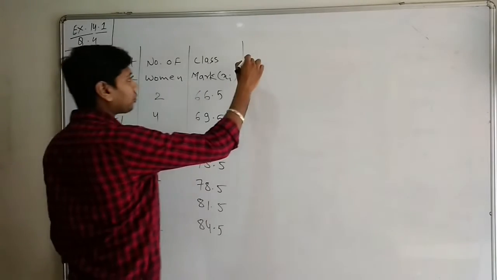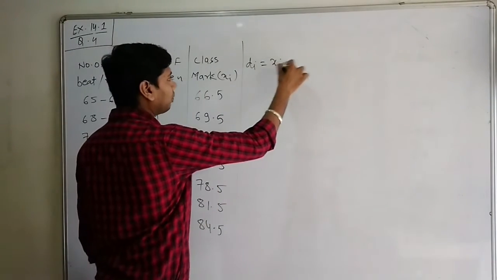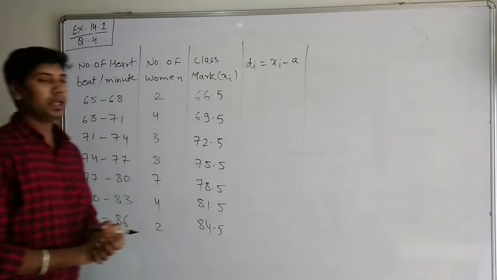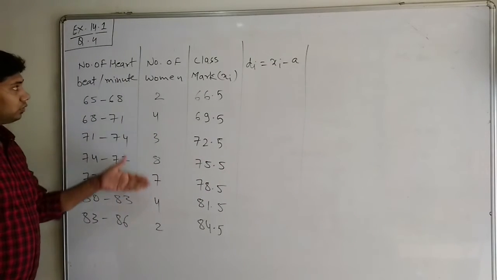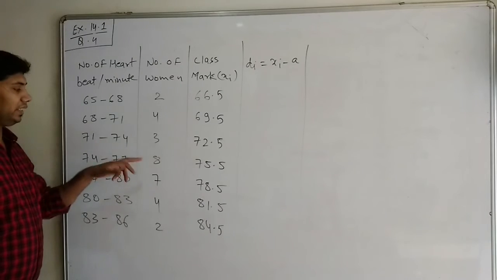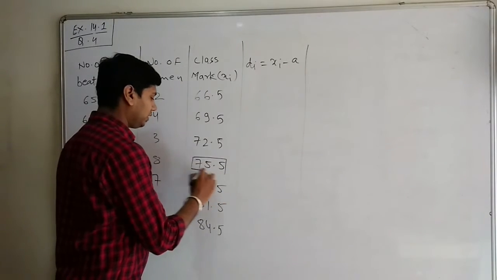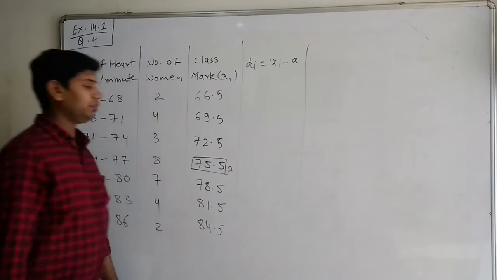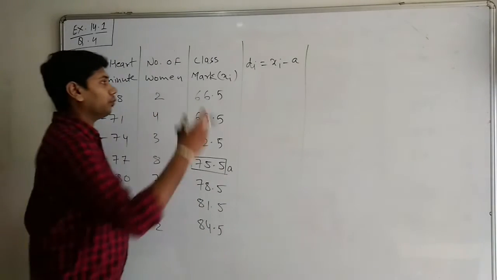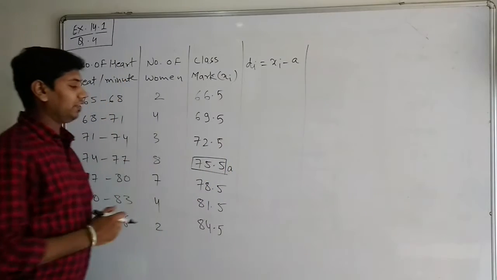Next step is we have to find di. Di is equal to xi minus a. So first choose a. The number of class intervals is odd, 7. So the middle number is 75.5. So for this question, a is 75.5. Now subtract 75.5 from each value.